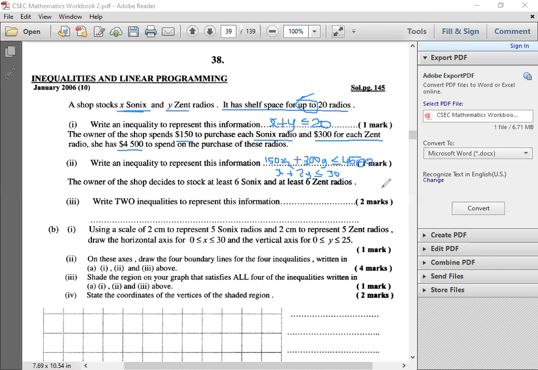Understand that? I'm simplifying the equation, so I'm going to divide by 150. When I do that, I get x plus 2y is less than or equal to 30. Everybody understands that?